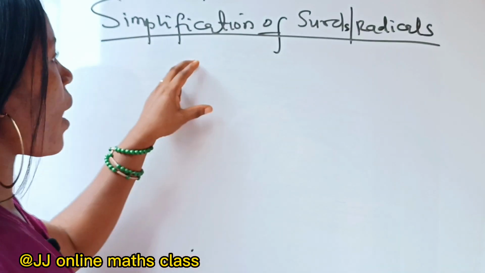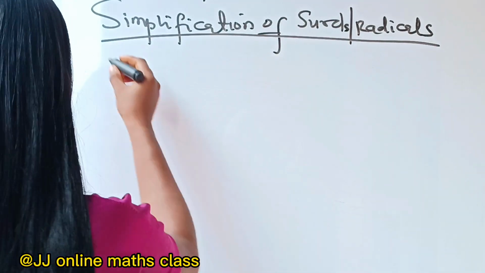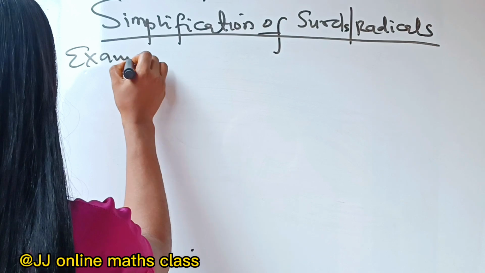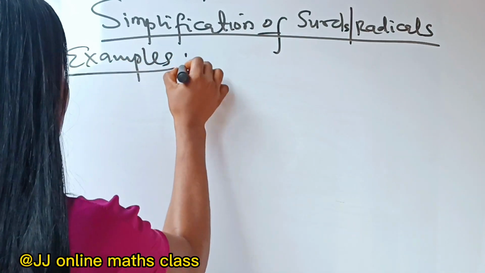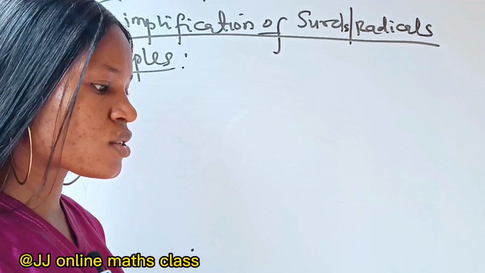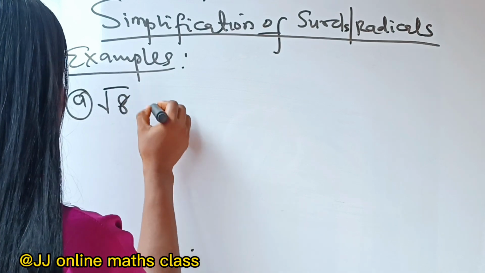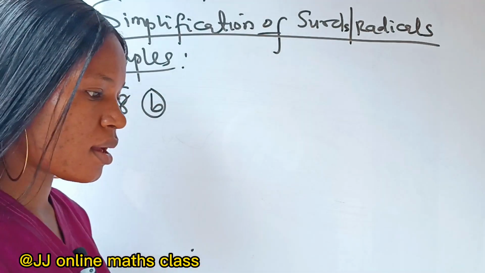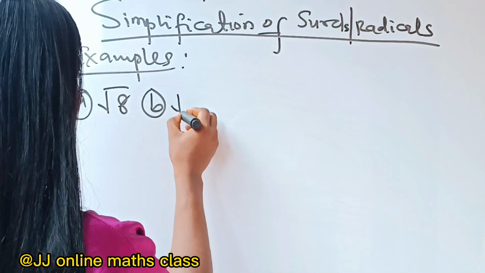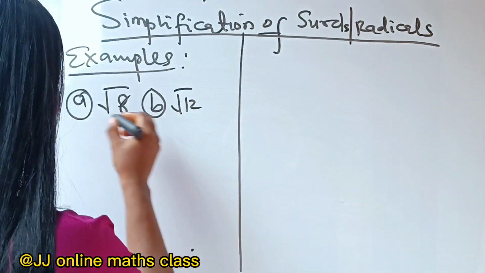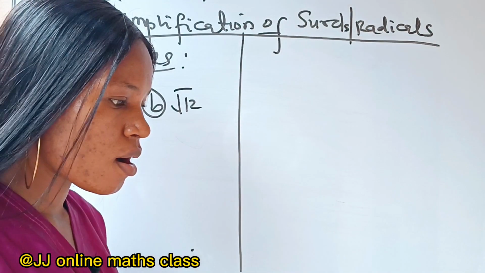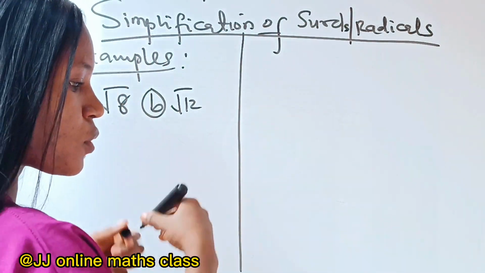Okay, so we are going to start with some examples. Example. We are asked to simplify a, root 8, b, root 12, c, say root 162.